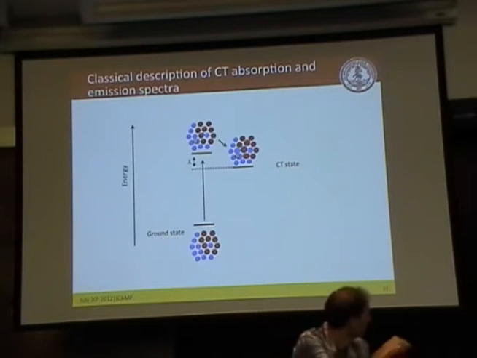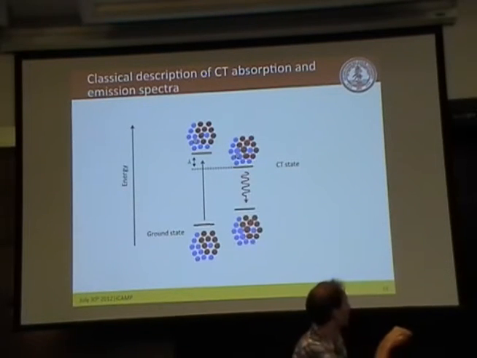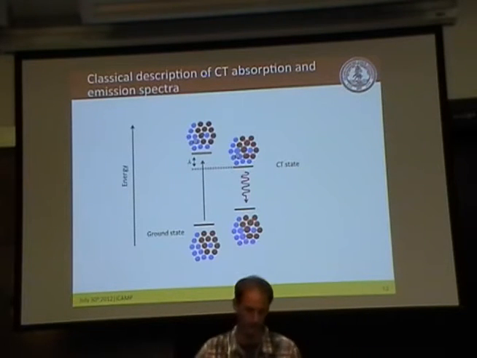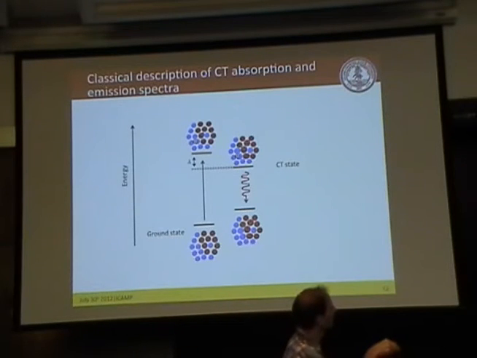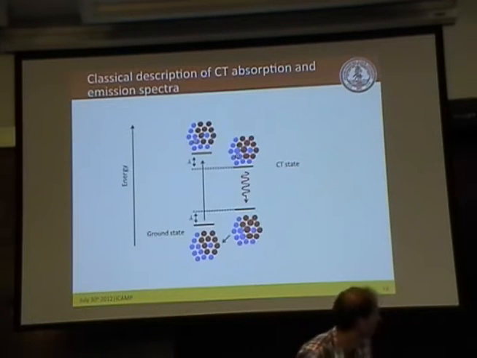So that's absorption. If this thing will emit, the electron's going to fall into the hole, and it's going to disappear, and what's left is this rearranged environment around it. That's a bit higher in energy than the ground state, otherwise this would be the ground state. So this one relaxes to that.